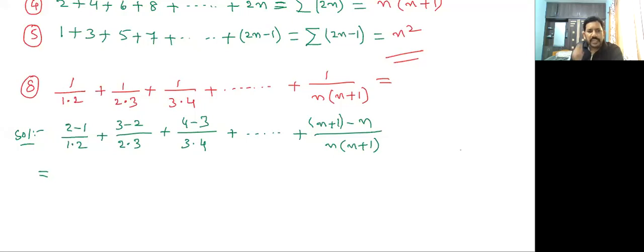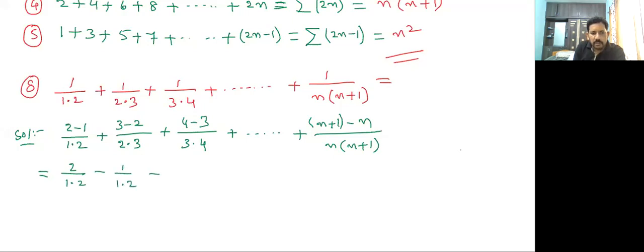Now split each and every term. The numerator is 1, 1, 1. First term I write as 2 minus 1, second term 3 minus 2, third term 4 minus 3, like that. Split: (2 minus 1) by 1 into 2.